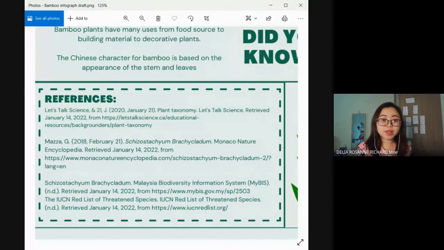So kali ini bila hantar draft, sila ingat untuk sertakan reference kamu. Okay, so here I have 4. Let's Talk Science is 1, Mazaji is number 2, Schizostachium brachycladium Malaysia Biodiversity Information System, MyBIS is number 3, IUCN Red List of Threatened Species, IUCN, it is number 4.